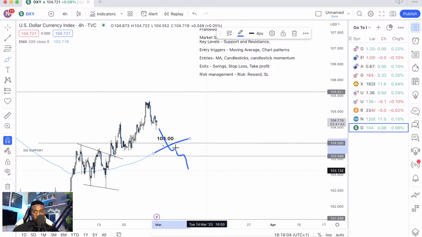So I'll start to look for selling opportunities on currency pairs or instruments that are paired with the dollar, and then I'll start to sell the dollar, right?